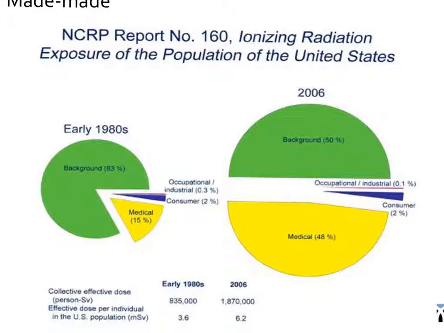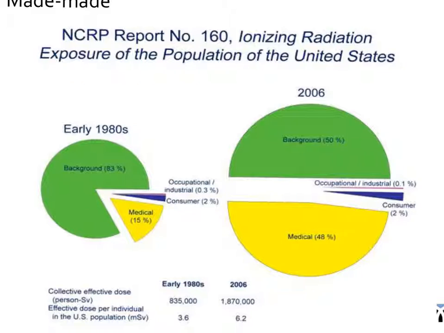What's happening here in background, going from 83% to 50%. But what's important to note is that background radiation levels have stayed relatively stable at the 3 millisieverts range. So this is still 3 millisieverts here, this is still 3 millisieverts here. So really the boom in exposure is coming from those medical-based procedures.